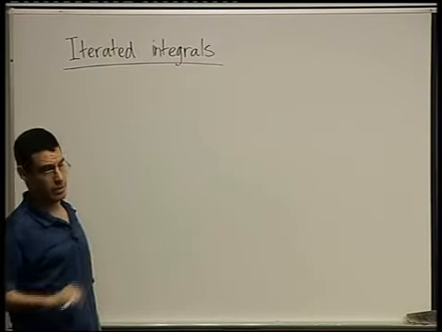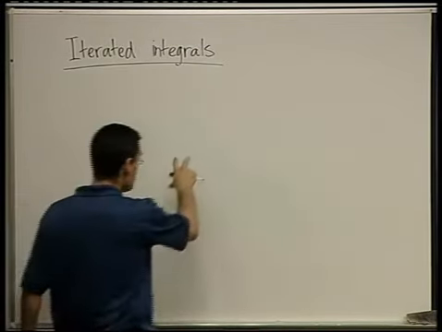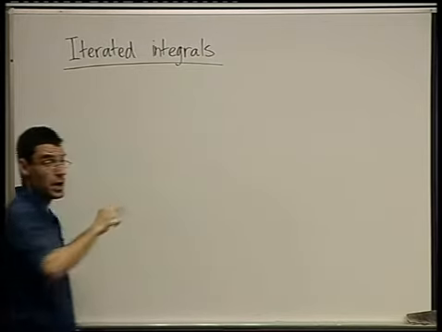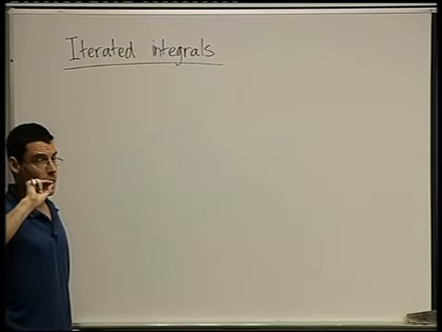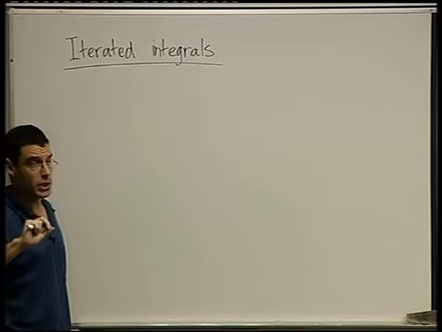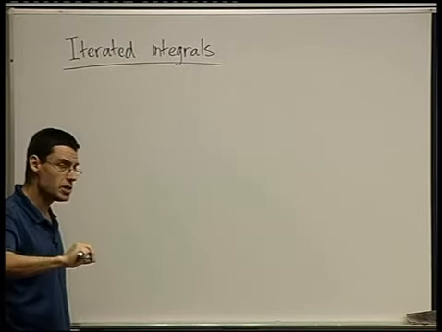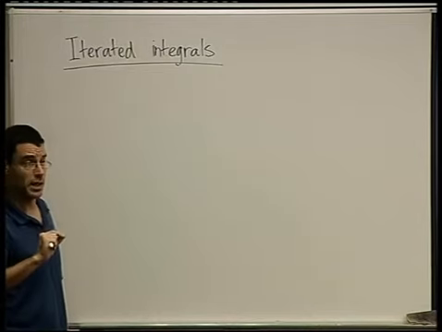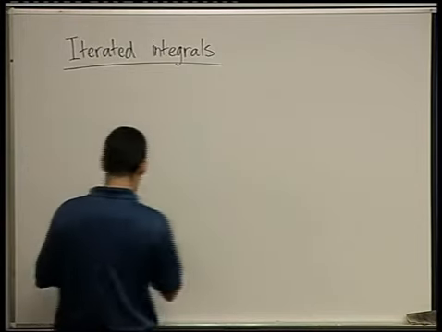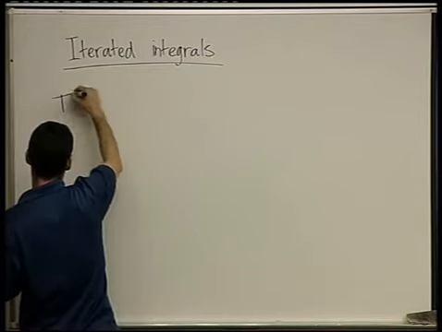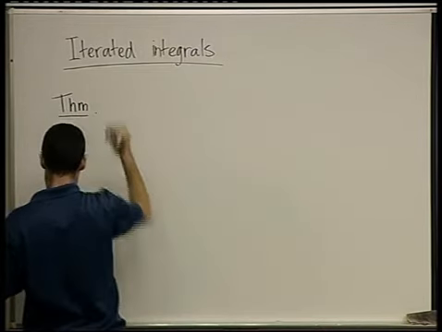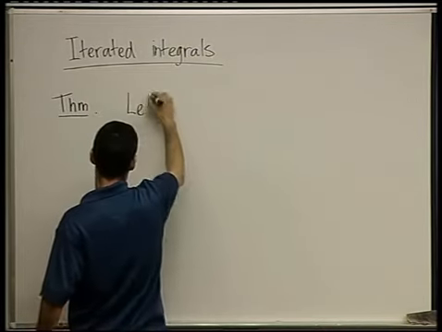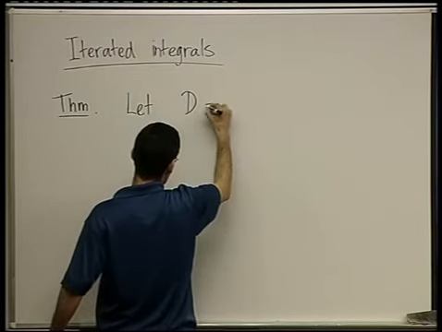And here's the theorem that does. We're going to state it first in this clip only for very simple situations, namely continuous functions defined on rectangles. And we're going to see later how to generalize it a bit. So here's the theorem. Let D be a rectangle.